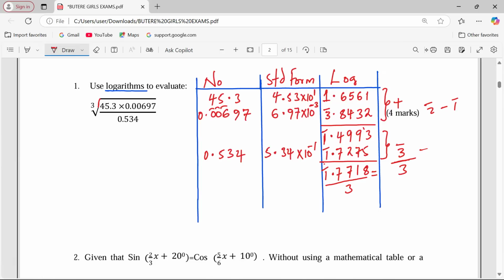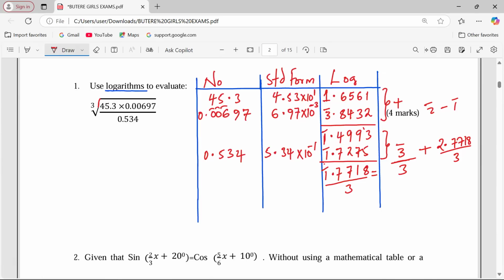Bar 3. Then the mantissa part will also be divided by 3. But the 2 that we've borrowed, now we add it to the other side. So the mantissa part now will be 2.7718 out of 3. We also divide it independently by 3. The 2 is because we borrowed 2 to make the characteristic a multiple of 3. Therefore, the 2 that we've borrowed is now added to the mantissa part.